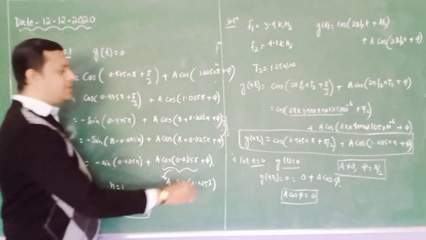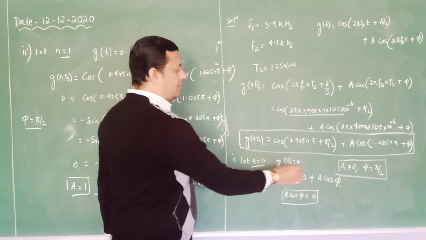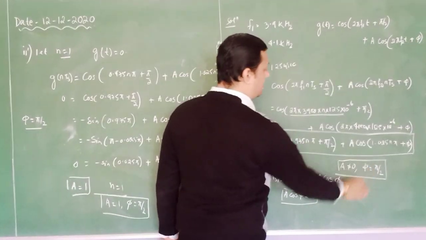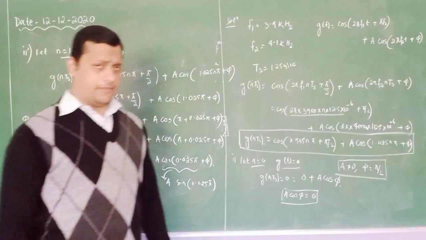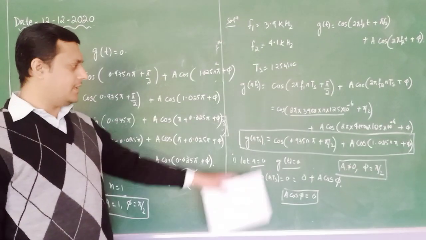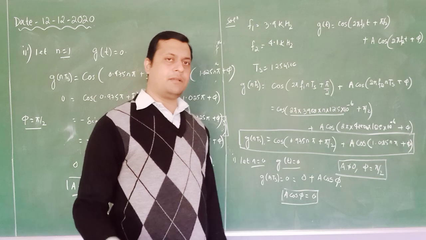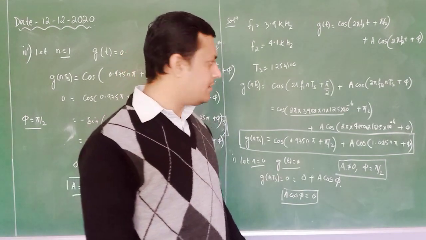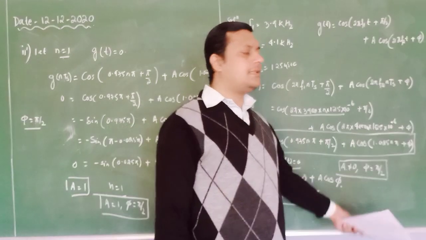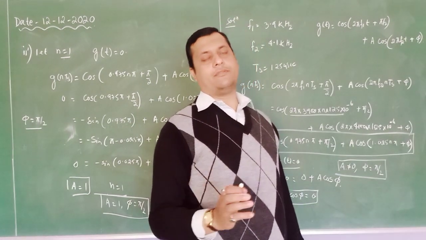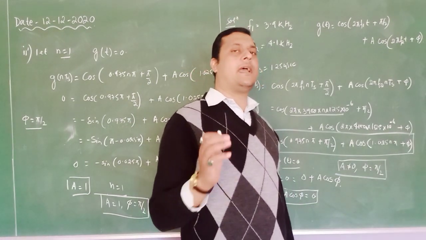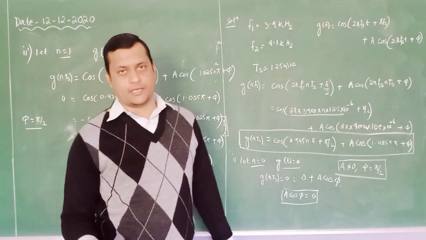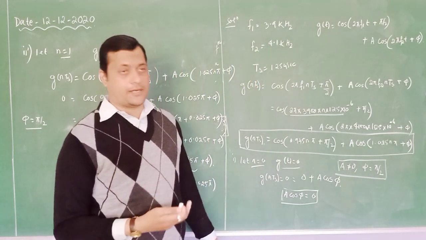If n is equal to 0, a is not equal to 0 and phi is equal to pi by 2. Here a can be plus 1, a can be minus 1. Since it is an amplitude, we can't say it is infinite, it is finite, but it can have a positive value as well as a negative value. And phi is pi by 2.